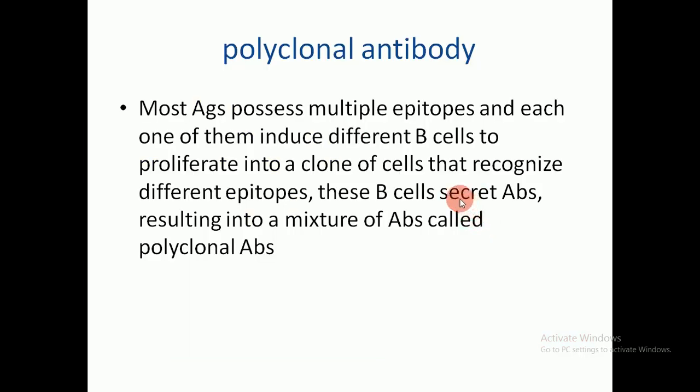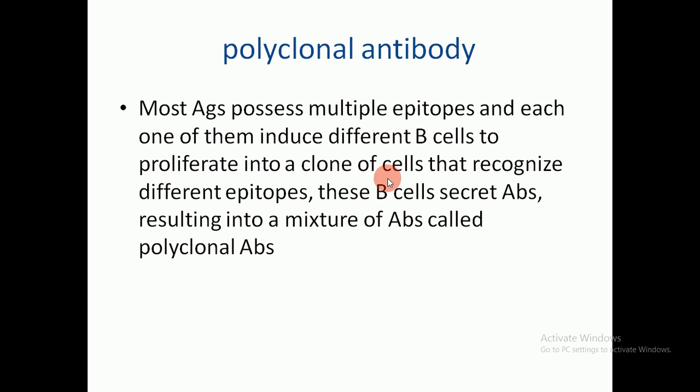So we have a new term, which is called polyclonal antibody. Most antigens, as we mentioned before, possess multiple epitopes, and each one of these epitopes induces different B cells to proliferate into a clone of cells that recognize different epitopes. So each epitope of the antigen will stimulate a specific B cell and produce specific antibodies against this epitope.